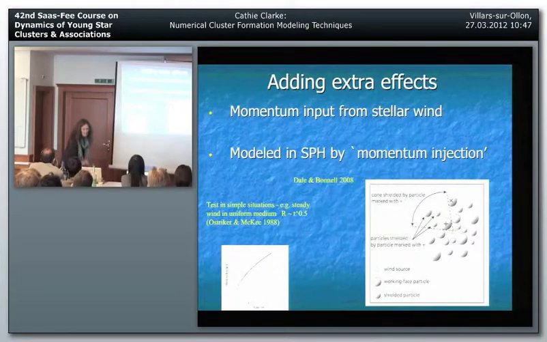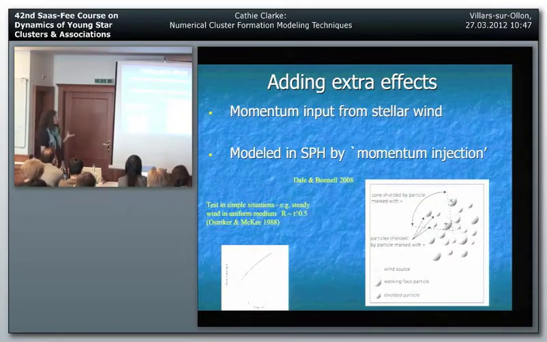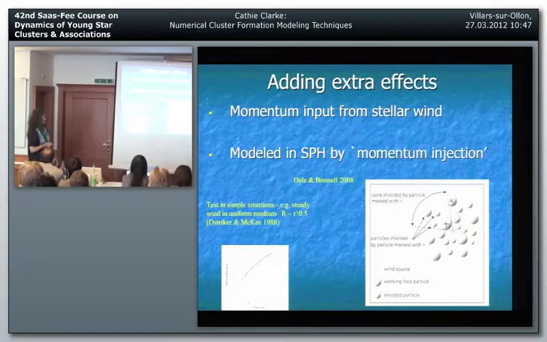So the other extra effect you might want to put in is stellar winds. Again, easier to do in grid-based codes than in SPH. In fact, the best implementation in SPH, or possibly the only one I know about, is work by Dale and Bonnell, where periodically in their code they spray out virtual particles.